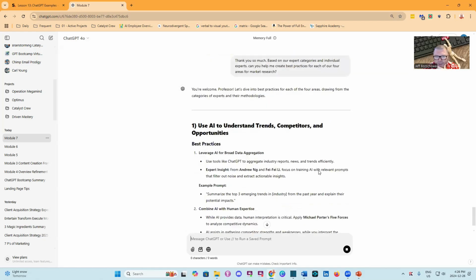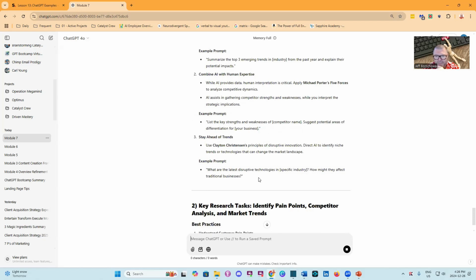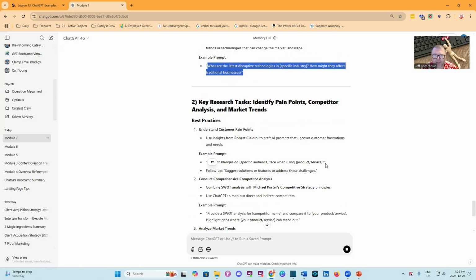And basically, we get best practices. And I love what are the latest disruptive technologies? How can we identify pain points?